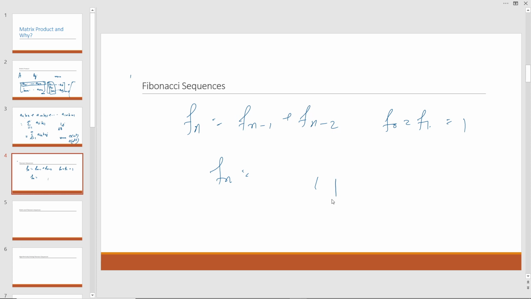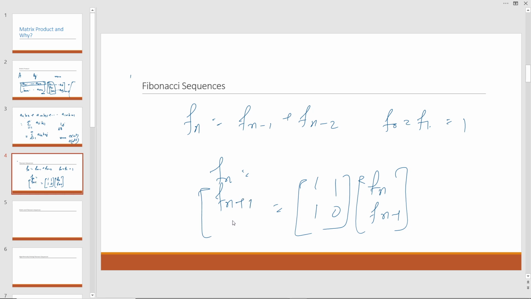So consider this matrix [[1, 1], [0, 1]] with f_{n-1}, f_n. Okay, so this is the matrix we are getting, again the recurrence for n greater than or equal to 1. This is a matrix equation, the recurrence relation is getting reduced. Everyone got it?